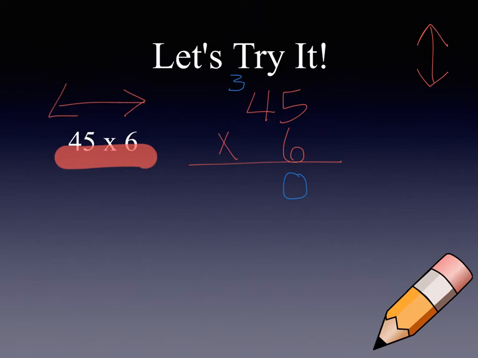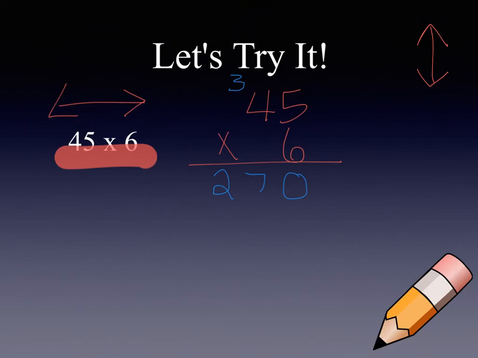So now I'm going to take that 6 times 4, which is 24, and then make sure that I add that extra 3 tens up here that I regrouped. So 6 times 4 is 24, plus 3 more is 27. And I'm going to make sure I line up my place values. So the 7 goes under the tens place, and the 2 goes under the hundreds place, even though we don't have any.